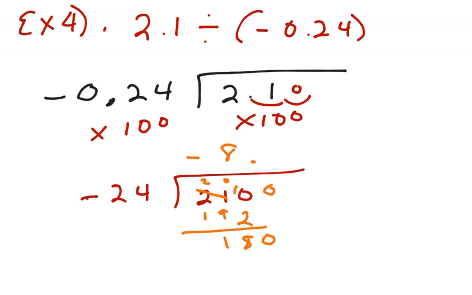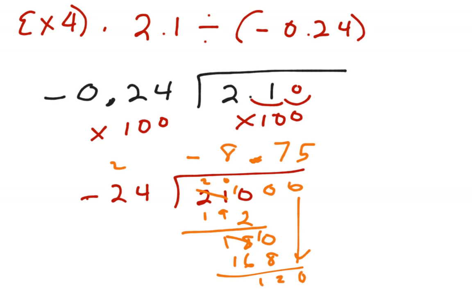And when I added the 0, I needed to go up here and put a decimal place. And 24 goes into 180 7 times. That's 168. Use subtraction. Bring down the 0. And 2 goes into 12 6 times, but the 4 is there, so I'm going to guess 5. And that's 120, no remainder. So negative 8.75.